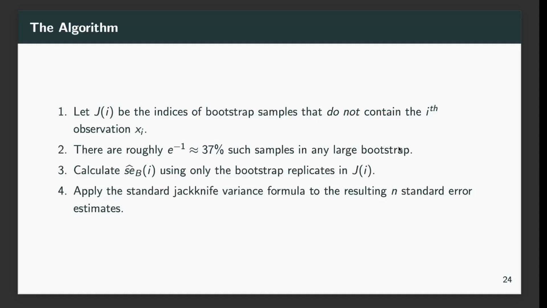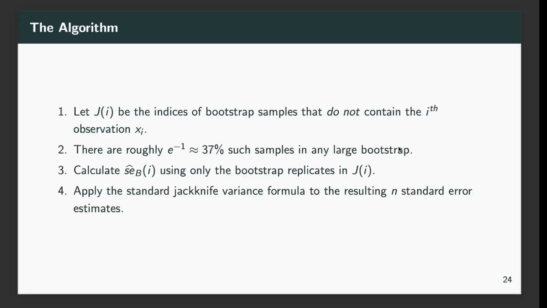For n draws, this will be approximately e to the minus 1 as n gets large. So roughly 37% of our B Bootstrap replicates may not contain the observation i, for each i. This means you have plenty of replicates to work with for each Jackknife subsample.